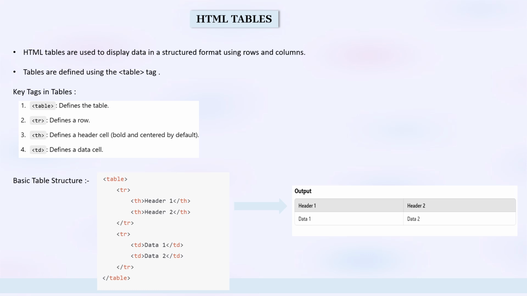The output of this table structure is header 1, header 2, data 1 and data 2. We can expand it, customize it and create our own using these tags. So this is all about HTML tables.